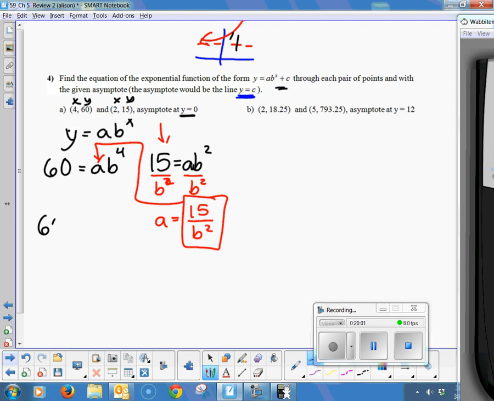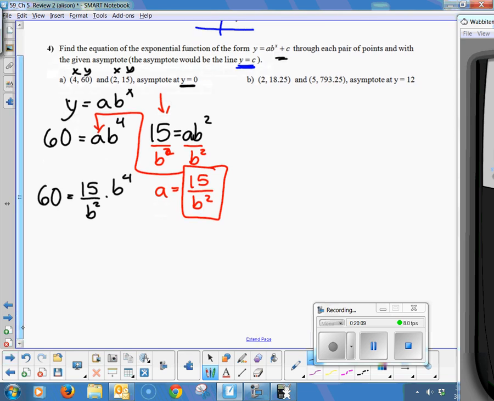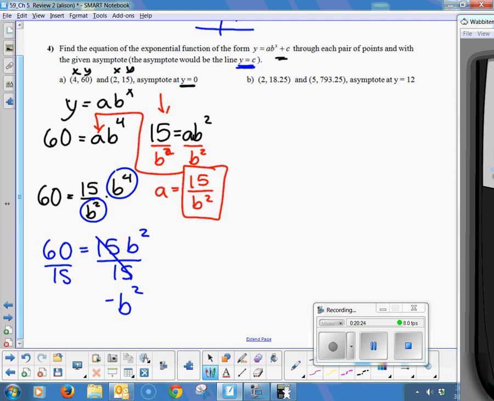Get squared times b to the fourth. And since 15b squared, 2 up top, if we divide both sides by 15, whack, b squared equals 4, and so b must equal 2.